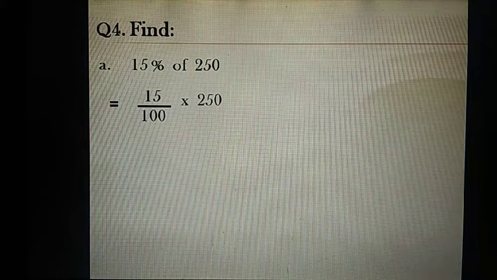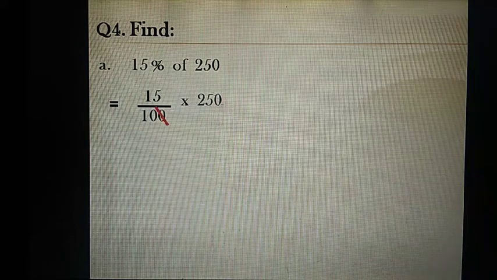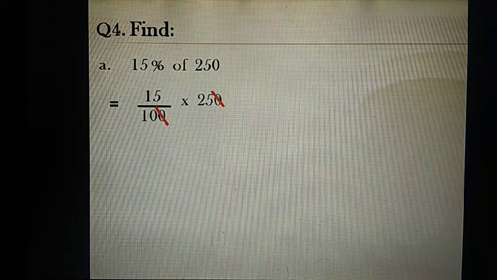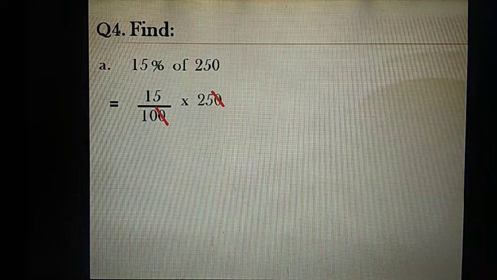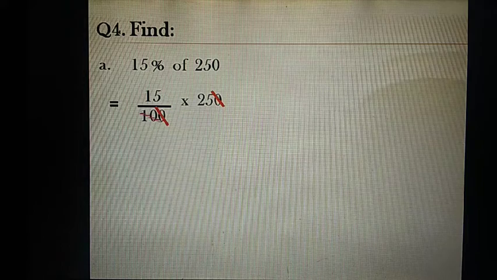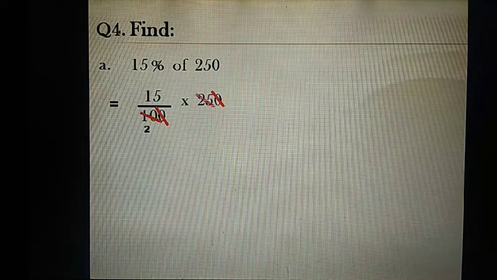Now start performing the cancellation. 0, 0. If the zeros are there in the numerator and denominator, try to cancel them out first. It will make the cancellation easy. Now you are left with 10 25, 5 twos are 10, 5 fives are 25.